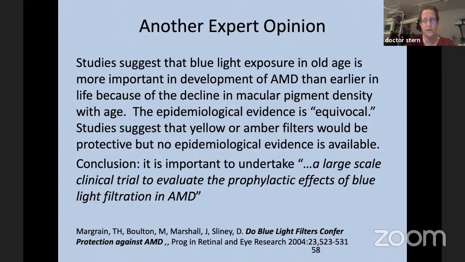So there has been a push here for us to get an instrument and measure macular pigment density in patients, and then to recommend supplements that will bring their macular pigment density up. And I generally am recommending that patients over the age of 40 or 50, even without a test, take some of these products, because unless they would be taking them in high doses, there's no negative effect and potentially a positive effect.